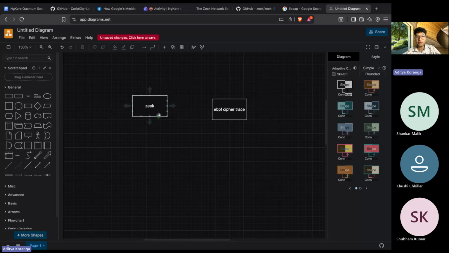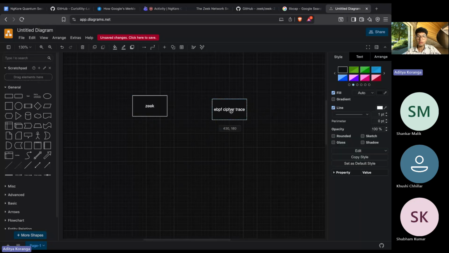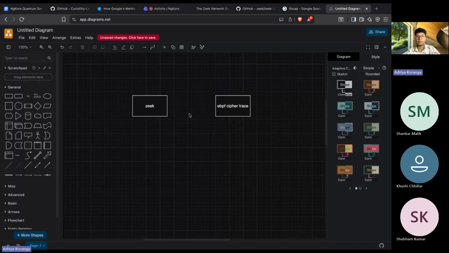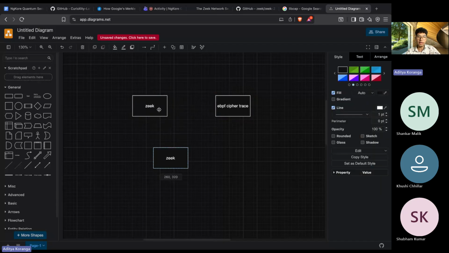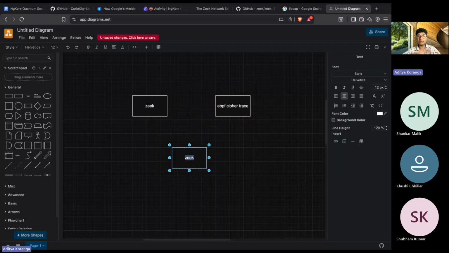So we have EC2 instances that are free of cost, giving at least one CPU core, and we'll run the same on the same sort of VM. We'll create another VM that runs eBPF cipher trace, and then we have another VM from which we will send the TLS client connections.